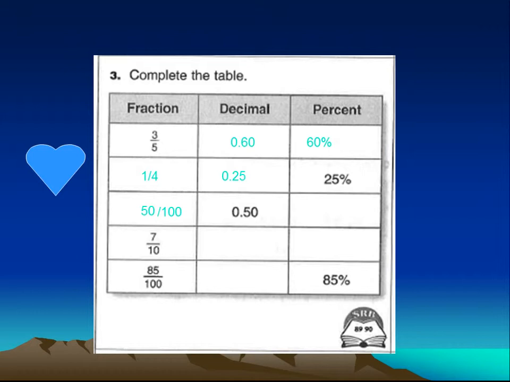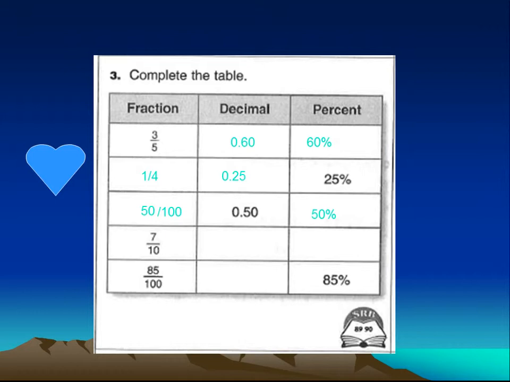Yeah. Okay. And 1/4 would equal 25, because if you're taking quarters, think of it like money. 4 quarters equals 100, but if you have 1 quarter, it's 25. And this is 50 out of 100, because that's 50%.